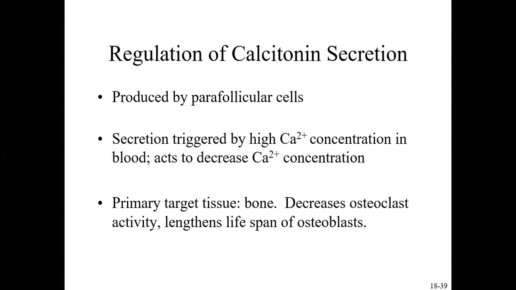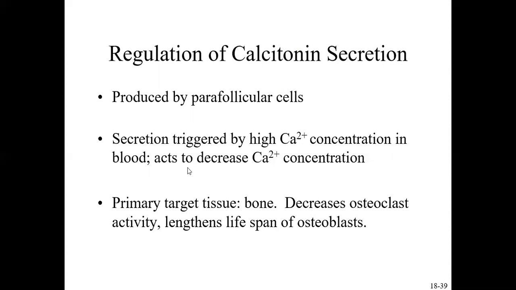Calcitonin helps to lower your blood calcium levels. You could look up what the normal level of calcium is in the bloodstream, whatever that range is. If it starts to get a little too high, then calcitonin is secreted, and that helps to lower the blood calcium levels by taking some of that calcium and transferring it over into the bone matrix.